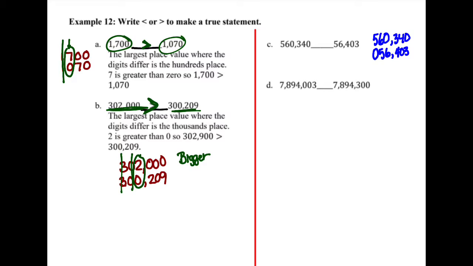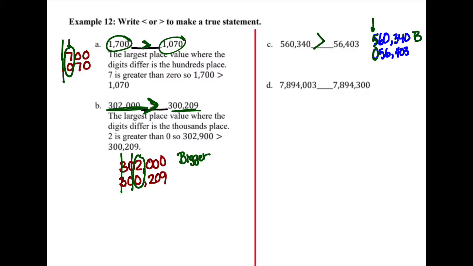All right, so looking here, we have 500 and something. Here we have 0 hundreds. Okay, so 5 and 0, that's your first place value that's different. So the 560,000 is definitely bigger, B for bigger, than the 56,000. Okay, so bigger side gets the bigger number.